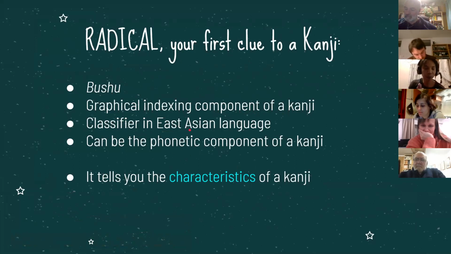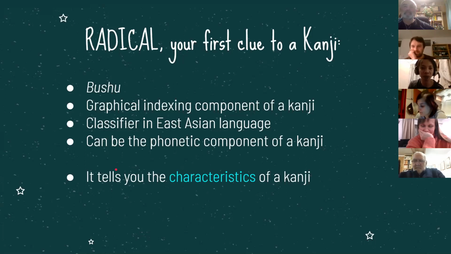So if you have a paper kanji dictionary, if you want to look for a character, then you have to look for its radical first. And then you look for the actual word within this radical group. So that's if you have a paper dictionary. But nowadays, everything is digital, so you don't have to do that.